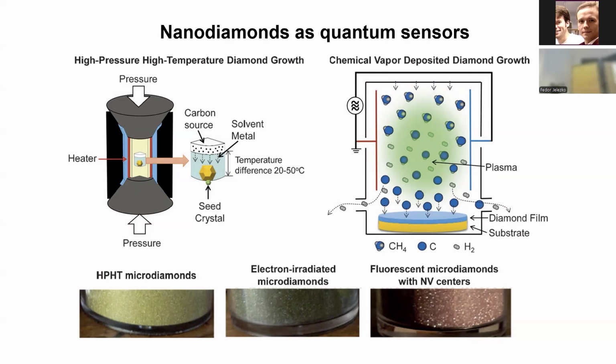In both cases, you can get material that is doped by nitrogen, having this yellow color as a sign. If you irradiate micro and nano powder with electrons, you get a greenish color. This change comes from the presence of vacancies.